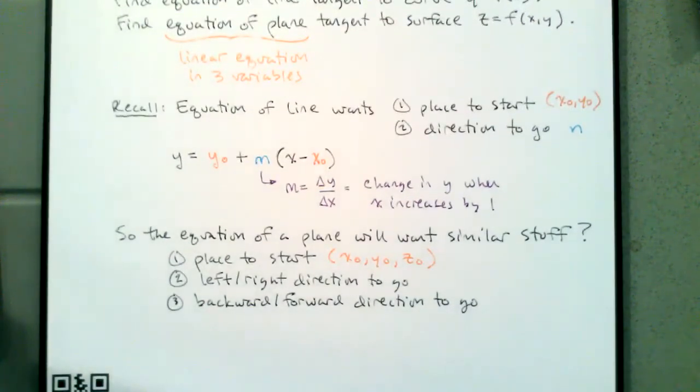So the equation of a plane is going to want the same stuff, a place to start and a direction to go. But since we're standing on a two-dimensional plane, and not a one-dimensional line, there are two directions that we can assign. There's an infinite number of directions because we can face any direction. But we're going to break it down into components, a left-right direction to go and a backward-forward direction to go.